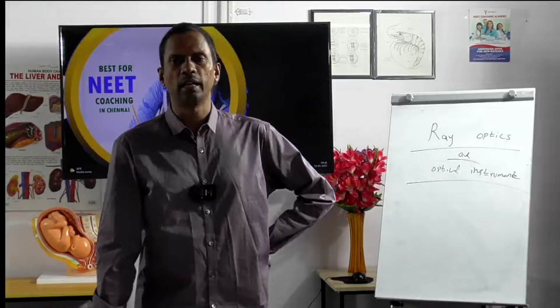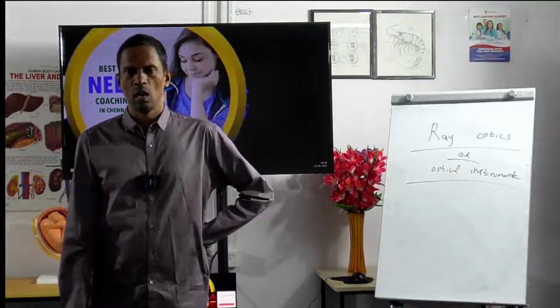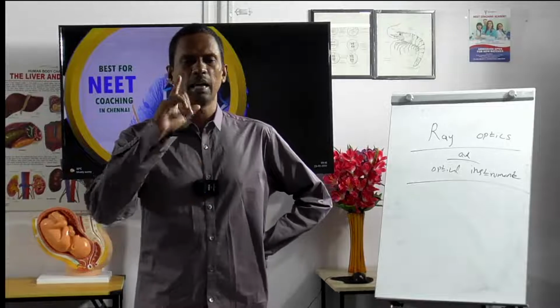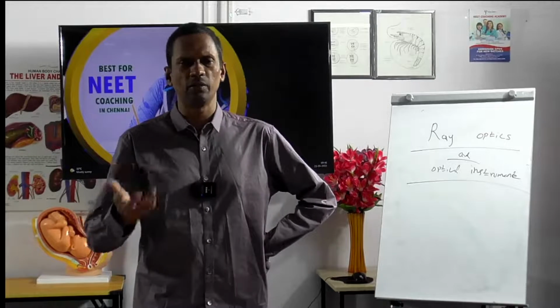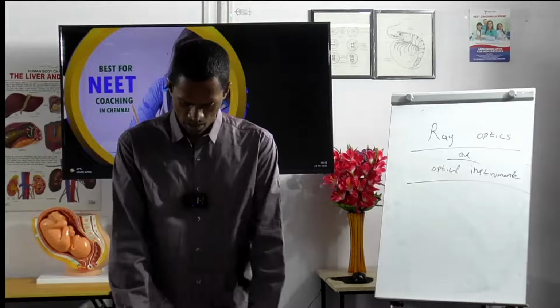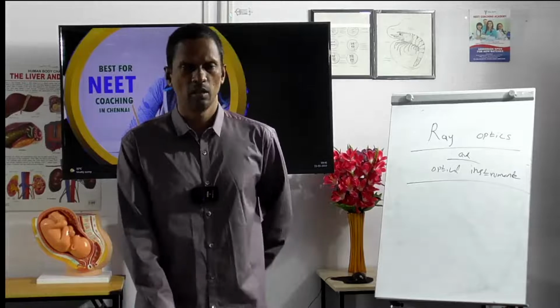How can I see that mirror? That's reflection. That's an example of reflection, stating that the angle of incidence is equal to the angle of reflection. So what is the equation? The mirror equation.